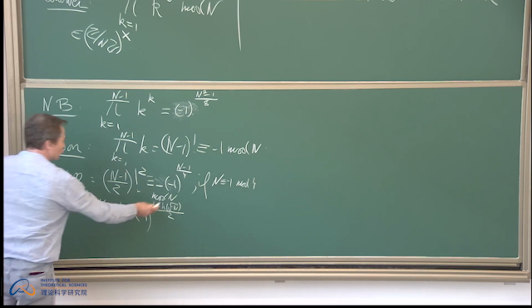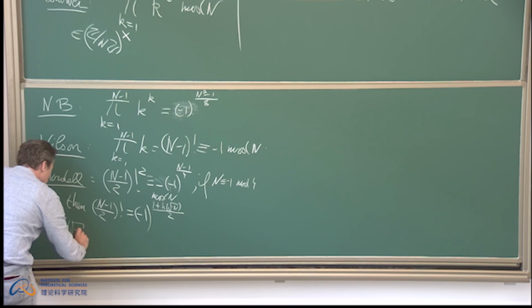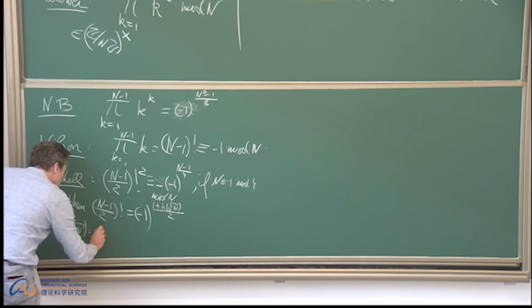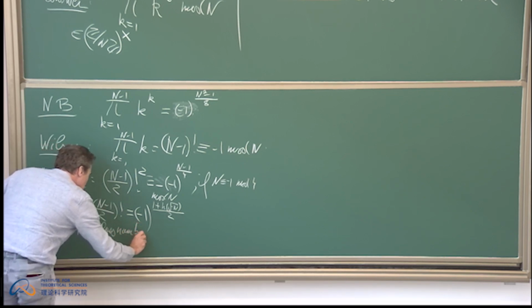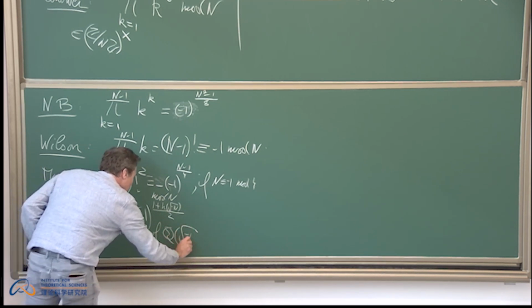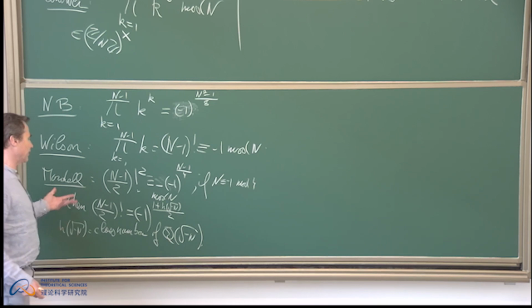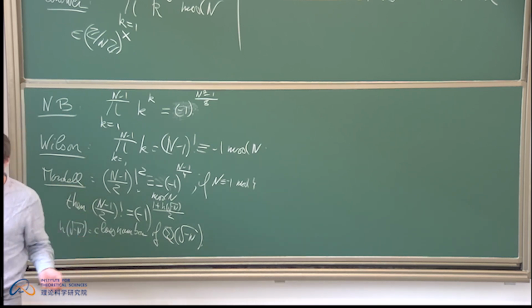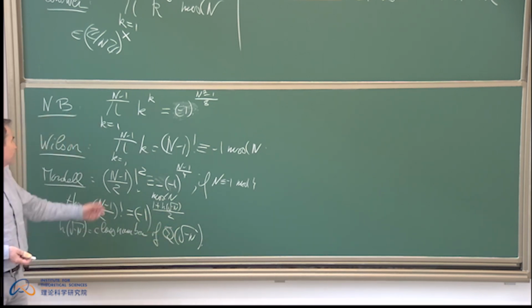So what is h of square root of minus 10? It's a class number of the field Q of square root of minus 10. So if you are not familiar with class numbers, it's something which is the order of finite groups, the class group, and the class group measures actually the extent to which you have unique factorization in that field.